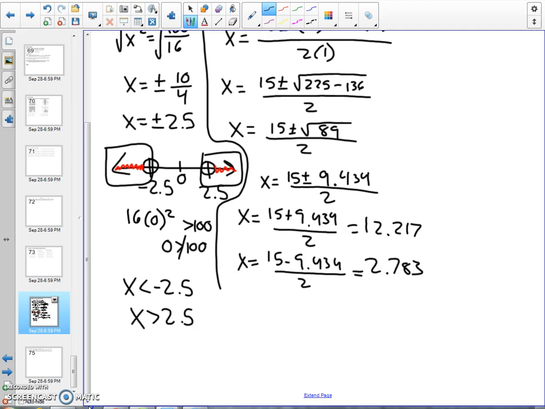So those are our two solutions that we're looking at. What we want to see then is where the solutions would lie on my number line. So I'm going to set up my number line.